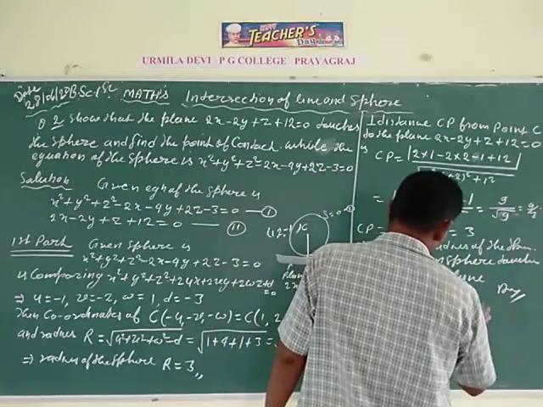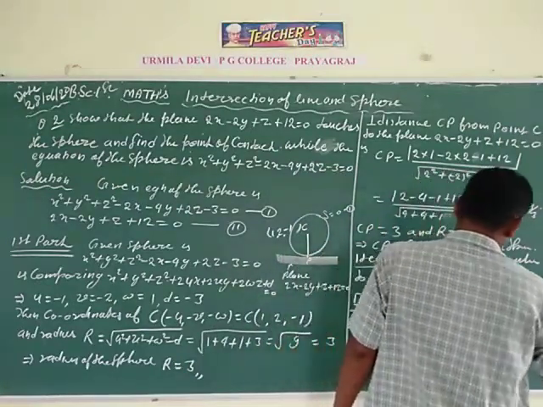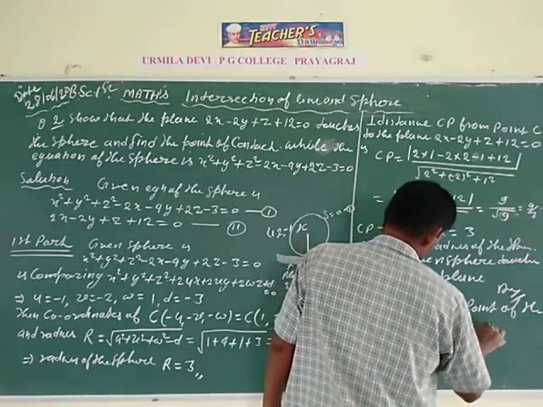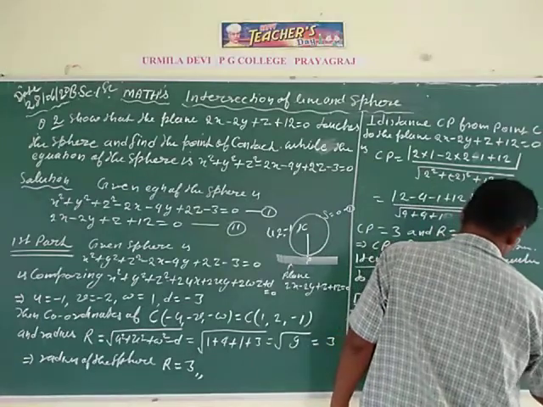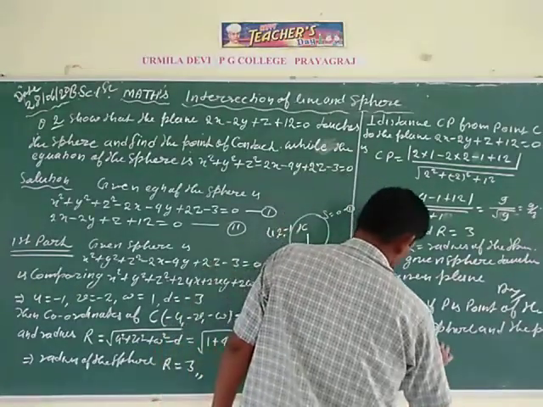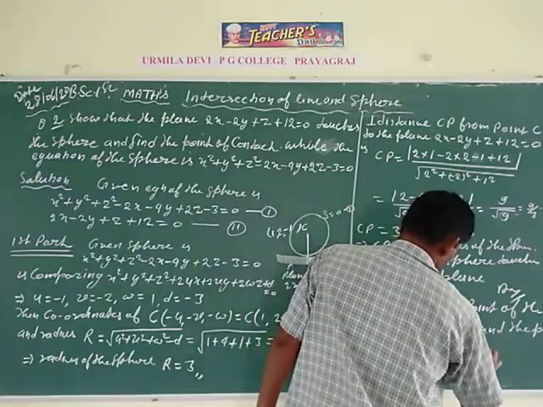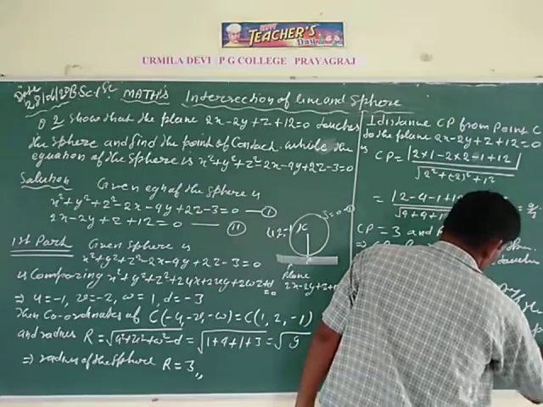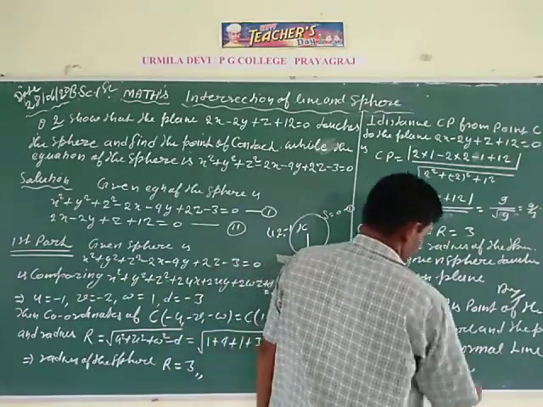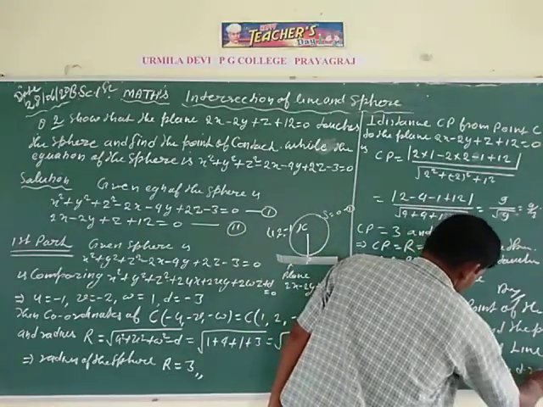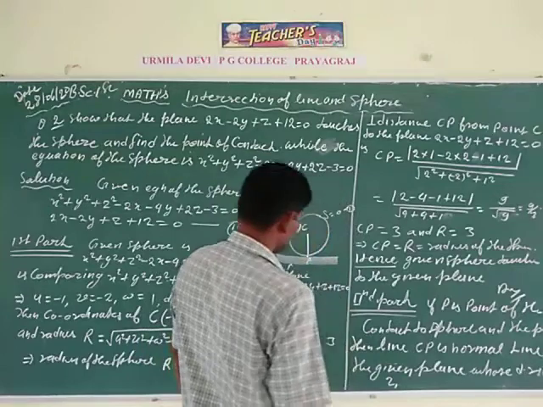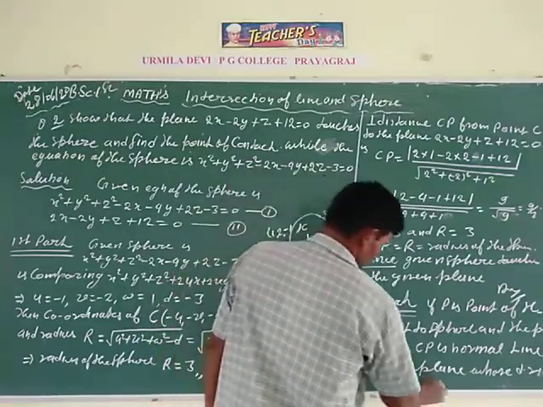If capital P is the point of contact to a sphere and the plane, then line CP is a normal line of the given plane, whose direction ratios of normal line CP are the coefficient of x, which is 2, coefficient of y, minus 2, and coefficient of z, which is equal to 1.